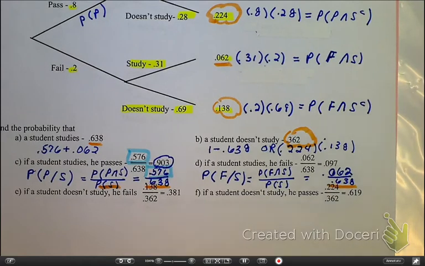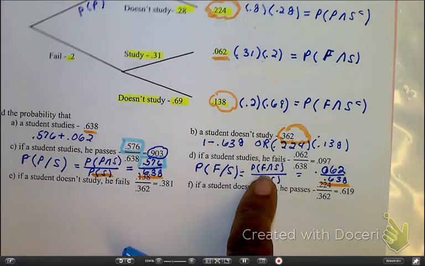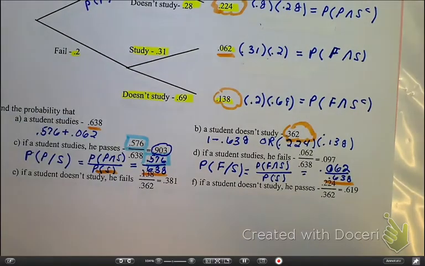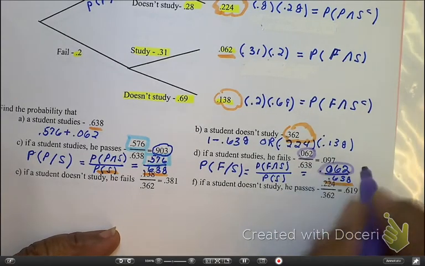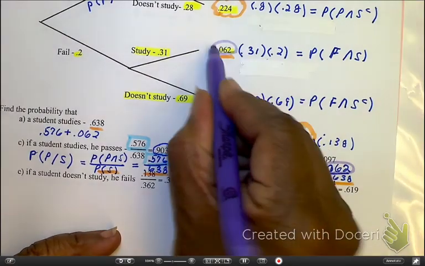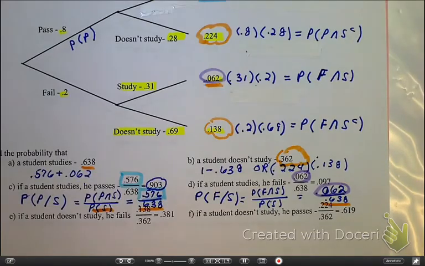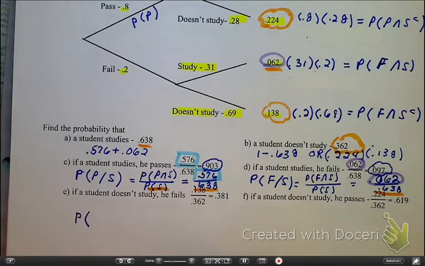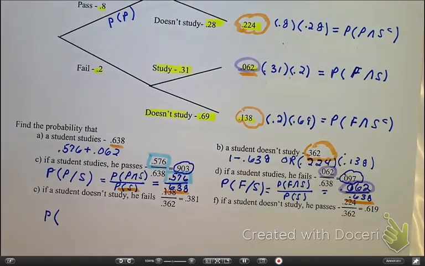And the probability of studying and failing, so study and fail, this value right here, as I color-coded, it is right there. And there, the 0.097 is my final answer.